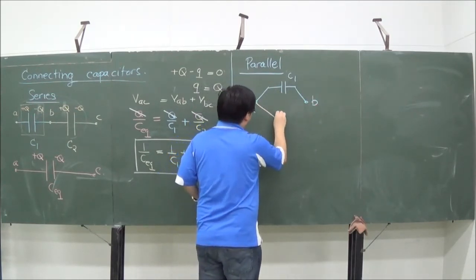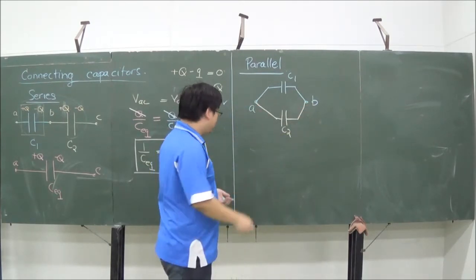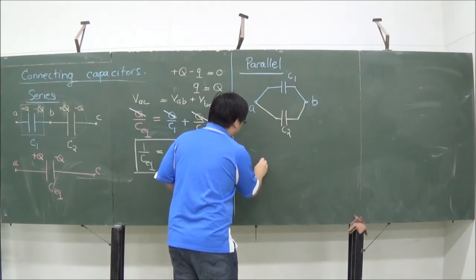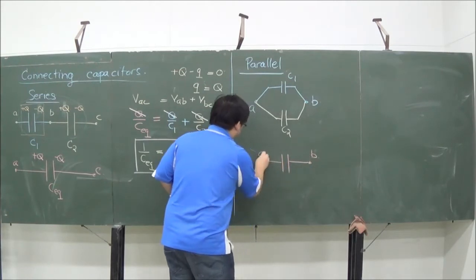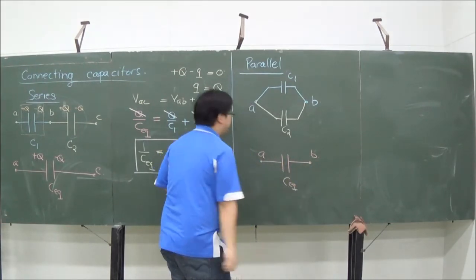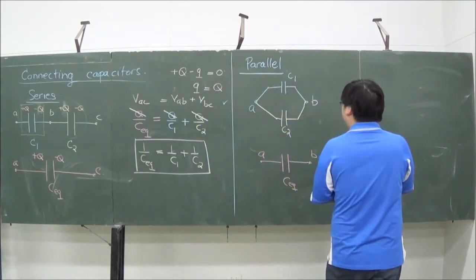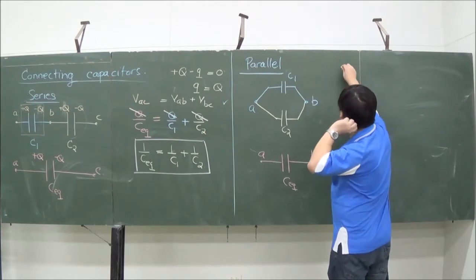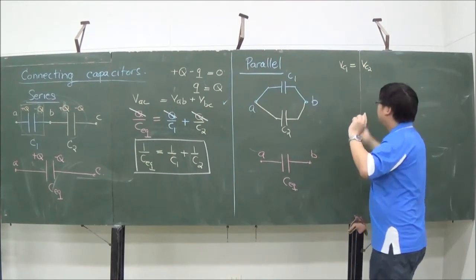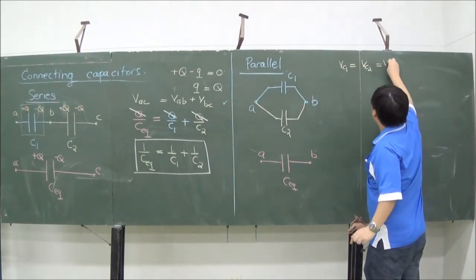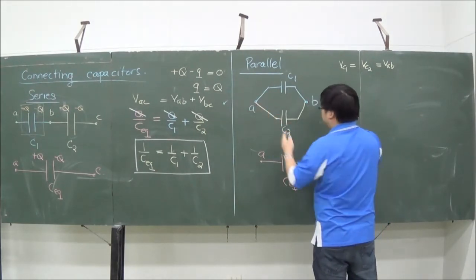And then we connect C2 with this B. So you see that the equivalent capacitor will be like this, A and B, and this is the equivalent capacitance. So what we know here is that V across C1 and V across C2 are the same, and this equals VAB because their hands are joining point A and point B.